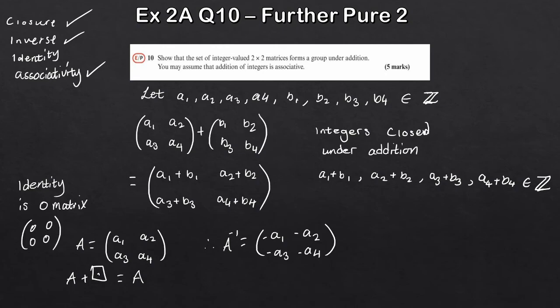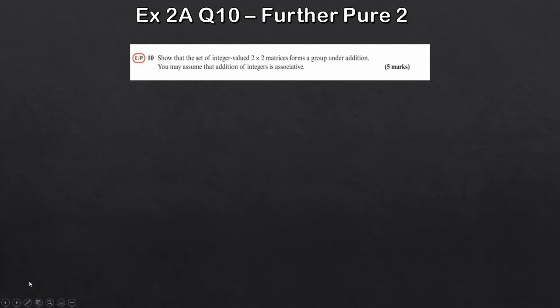And then finally, let's make a quick comment on associativity. We can assume the addition of integers is associative, so that helps out a little bit. So if I just quickly erase all this. For associativity now, the addition of integers is associative.